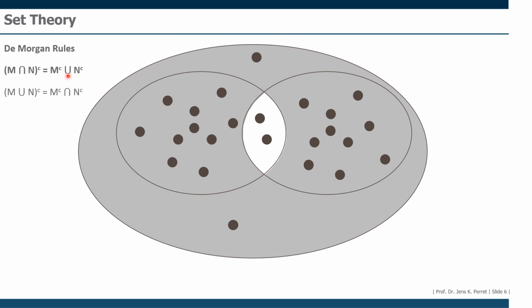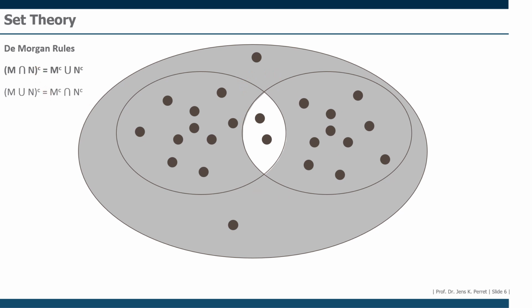Then, well, we take the union of those two. So we get all of these values. And what we are left with is actually, again, the opposite of this part here. So all the shaded areas. That was the first rule.